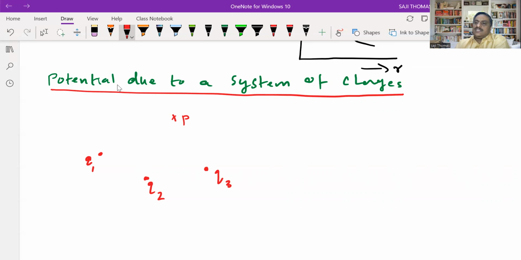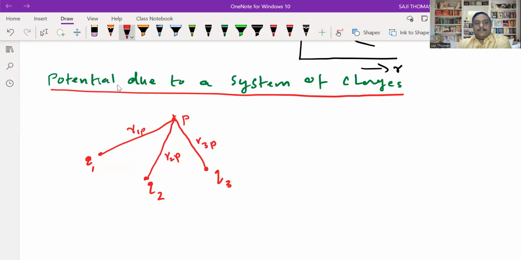There will be a potential at the point P due to all these charges. Q1 distance I take as R1P. Q2 distance I take as R2P. Q3 distance R3P.